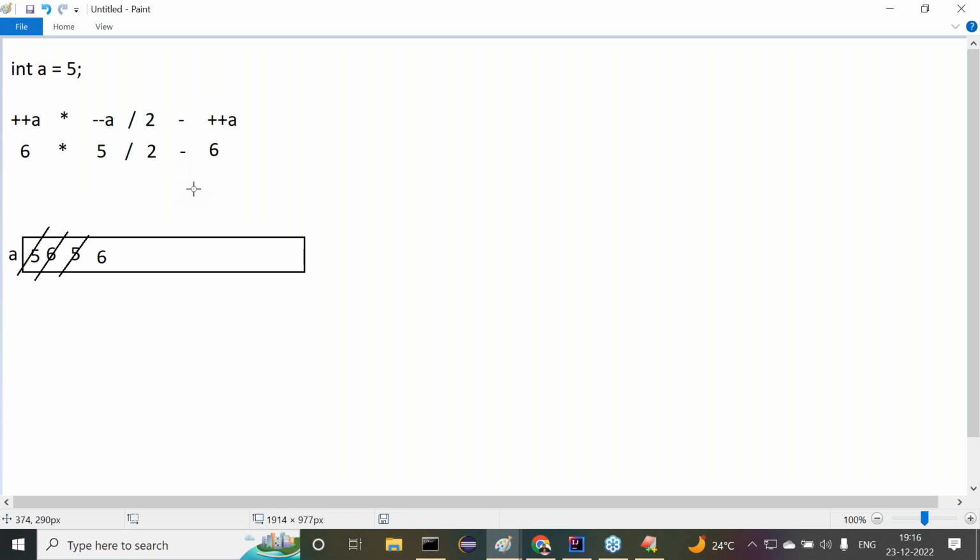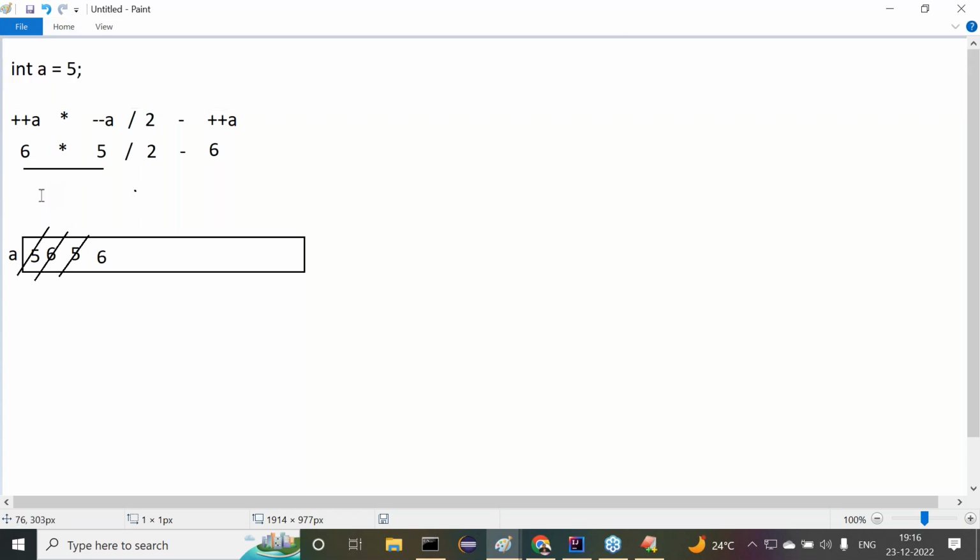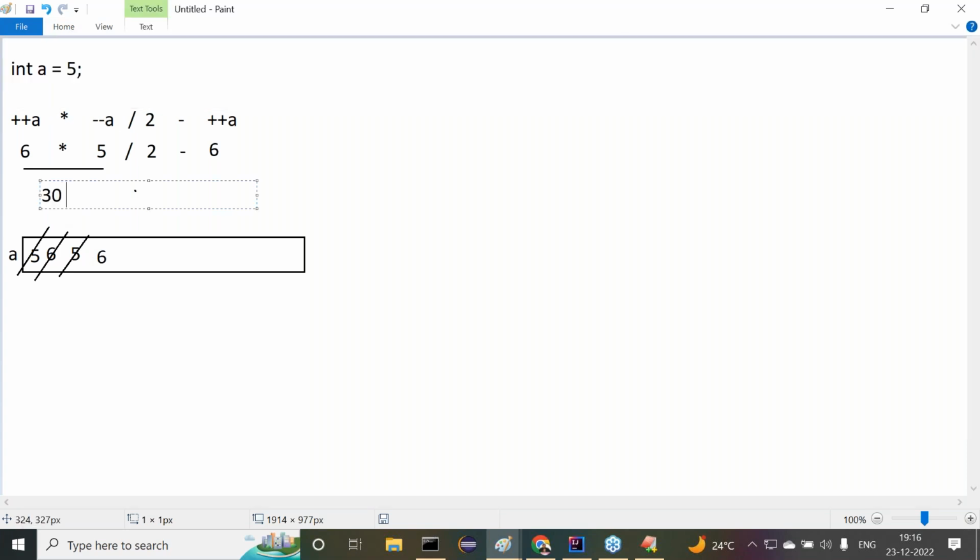But star and slash have the same priority. When they have the same priority, left associativity is performed. What is left associativity? The leftmost operation will be performed first. What is the leftmost operation here? 6 star 5. What is the value? 30. Then 30 slash 2.